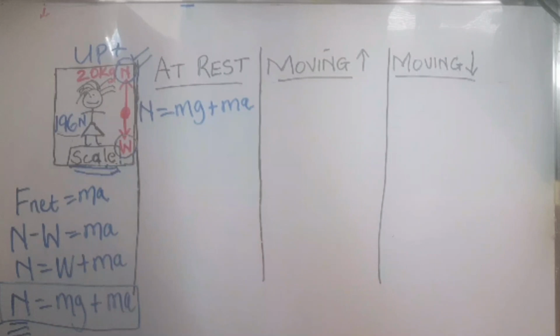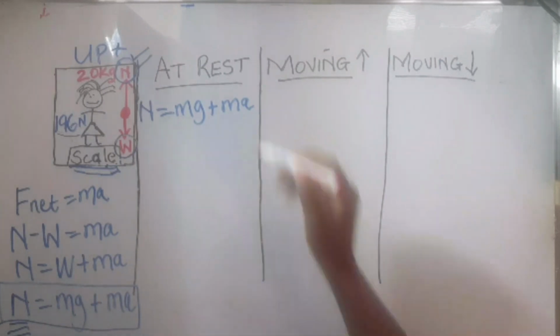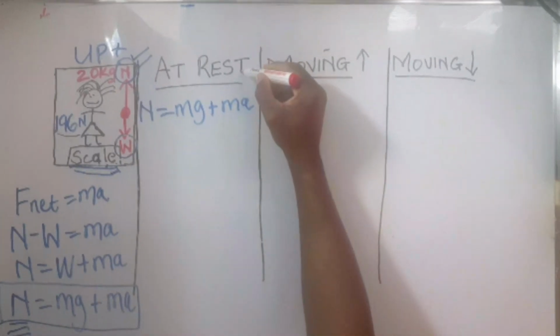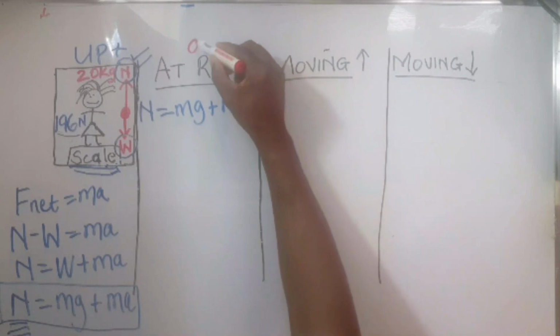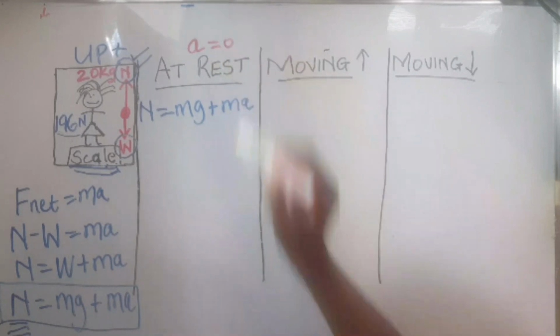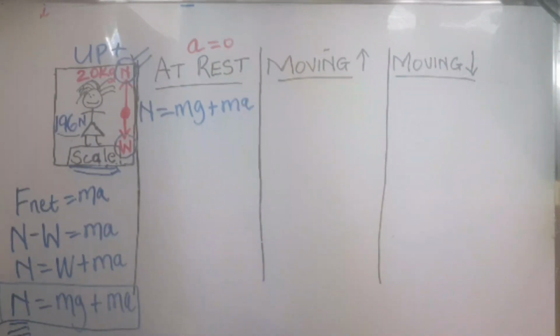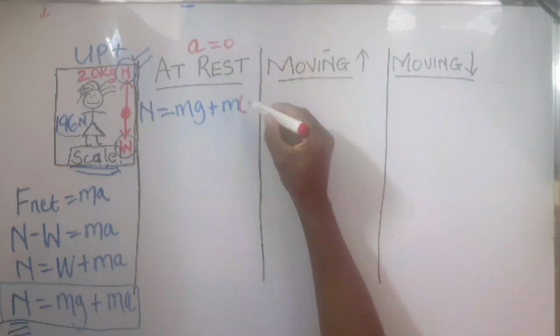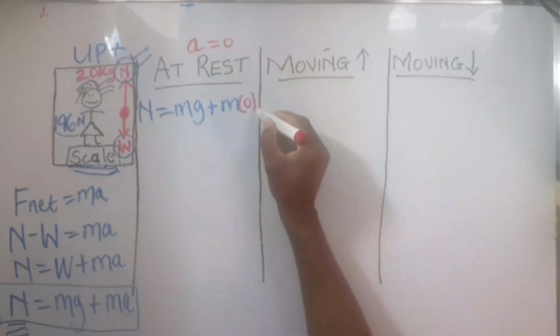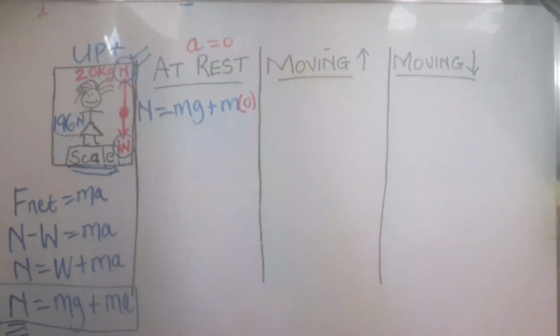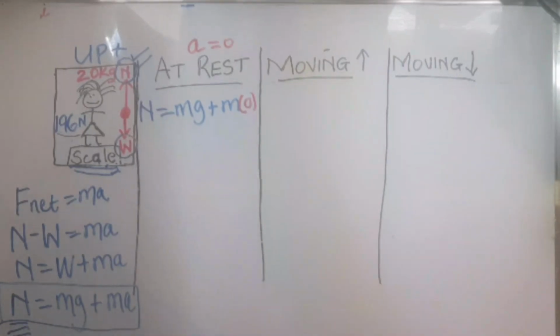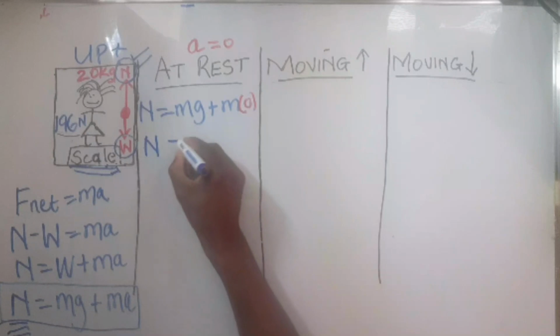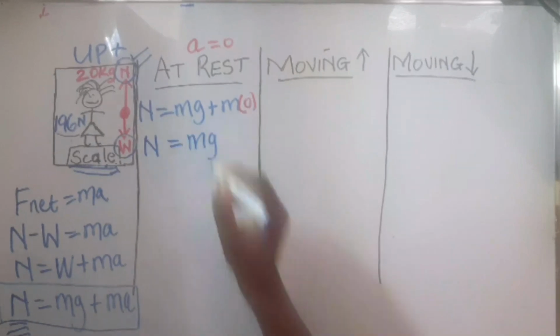Now, for a situation where the lift is at rest, we know the acceleration is 0 meters per second squared. So that means this acceleration would be 0. And if the acceleration is 0, then the normal force will only be equal to mg.